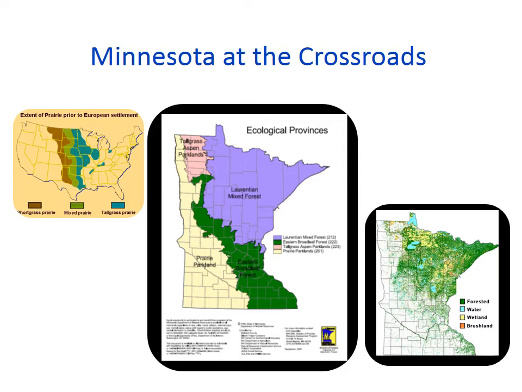To the west is several hundred miles of prairie going all the way out to the Rocky Mountains, and to the east is forests. In the warmer climates, it would be the broadleaf or deciduous forest of maple, oak, and basswood. And in the north, we have the Laurentian or boreal forest that has spruce, fir, pine, as well as birch and aspen.